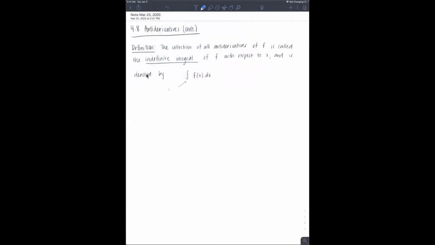So this part is the integral. This piece right here is called the integrand. And then this is the variable of integration.